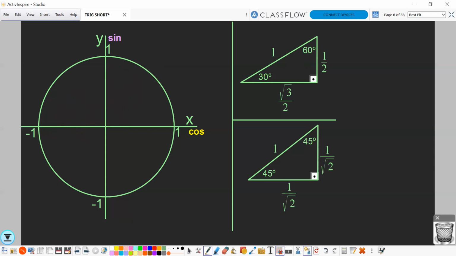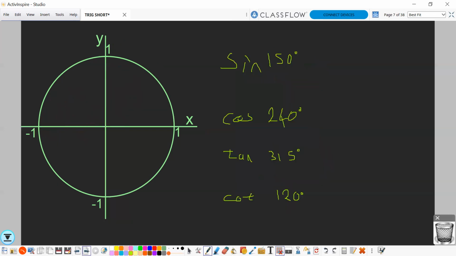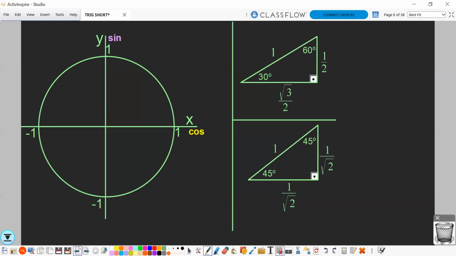So if I try to find the trigonometric ratio of some other angles, like 240, 350, 150, let's do that. Let's remember these two triangles. 150, I will draw it in here. How much more do I have here for 180? 30. So here we have the point. The x number will show us the cosine.